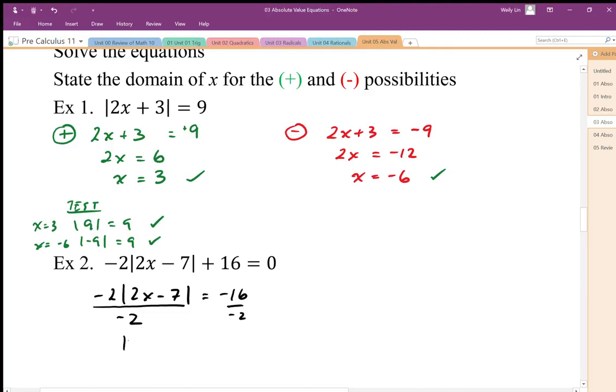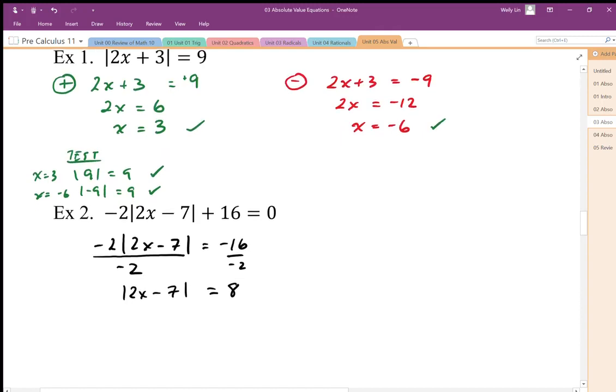So we end up with the absolute value of 2x minus 7 equals 8. At this point, we consider our positive version. If the 2x minus 7 calculates to positive 8, then we'll get the answer.